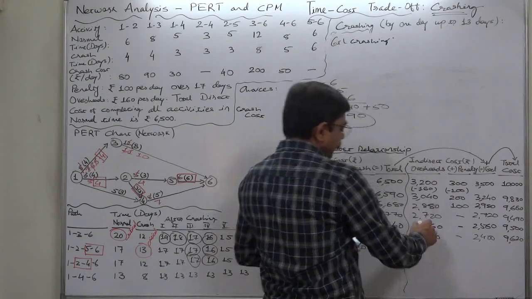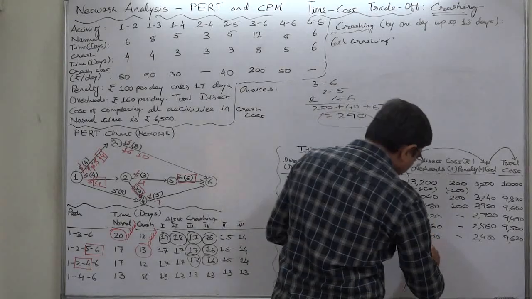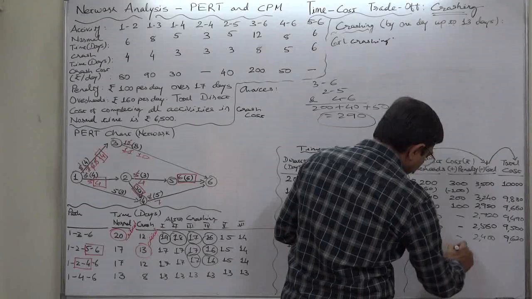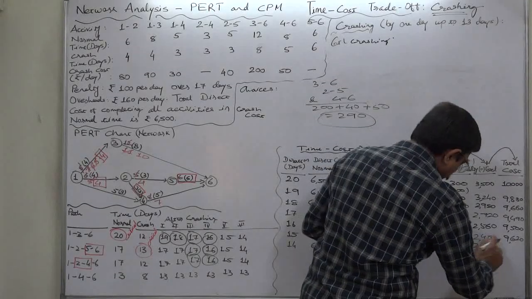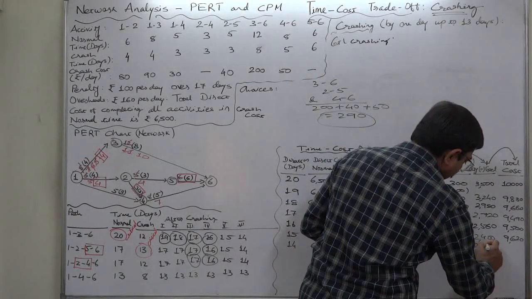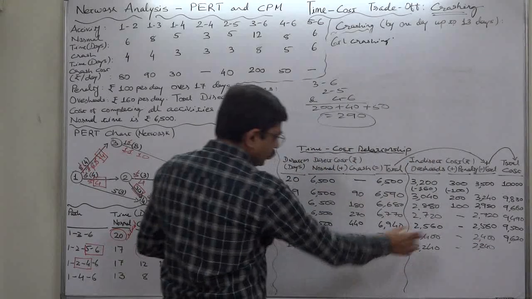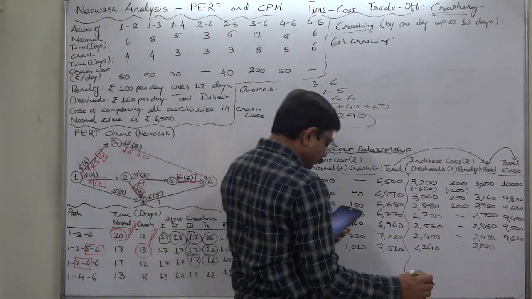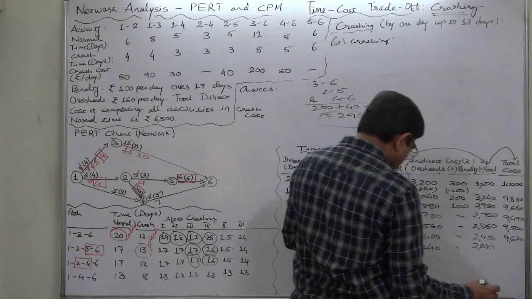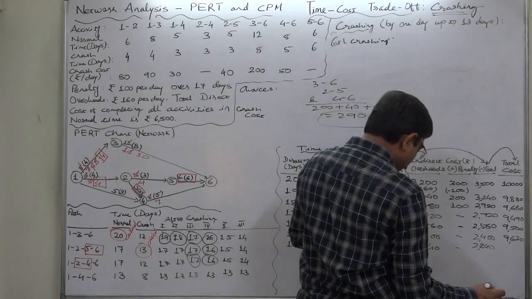Reduction in overheads for 1 day, now there will be 2,240. Indirect cost will be 2,240 because there is no penalty, and summation of direct and indirect cost comes to 9,750.